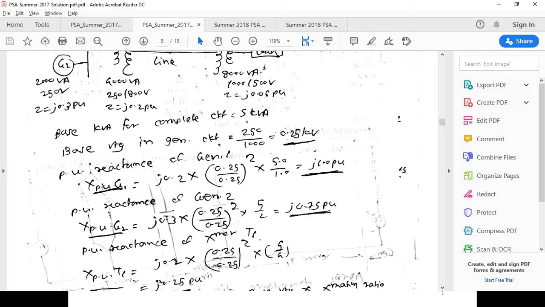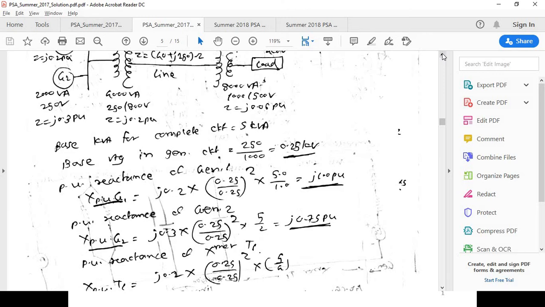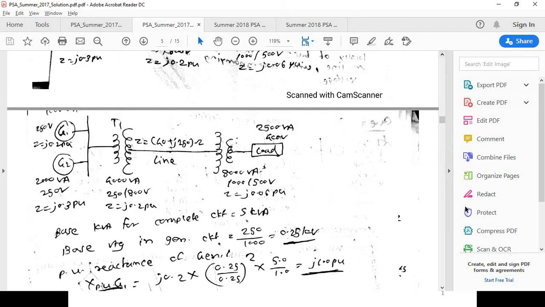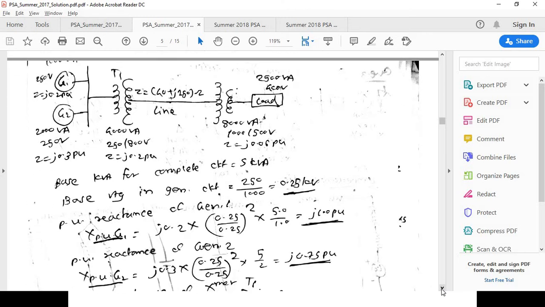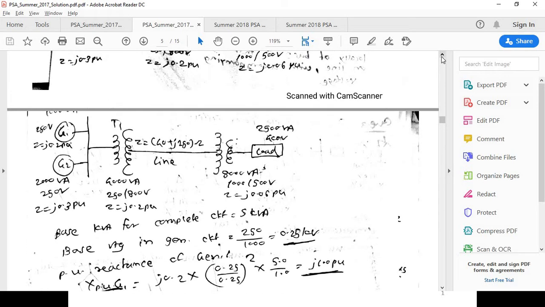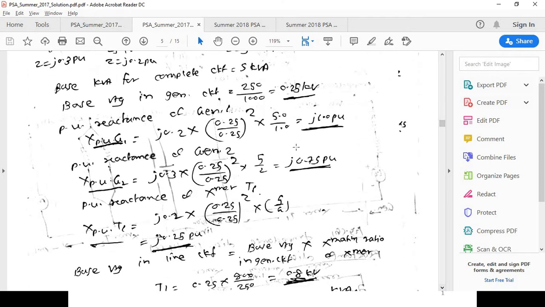So j0.2 into (0.25 upon 0.25) squared into 5 upon 4, that is 5000 upon, sorry, 5 MVA upon T1, 5 upon 2. Okay, so what is that value? It is j0.75 per unit. Now per unit reactance, sorry, j0.25 per unit.